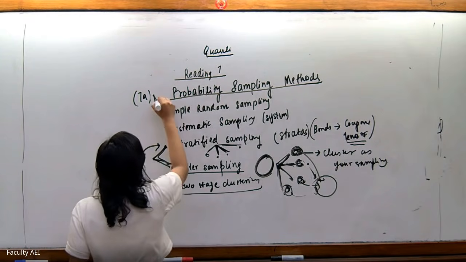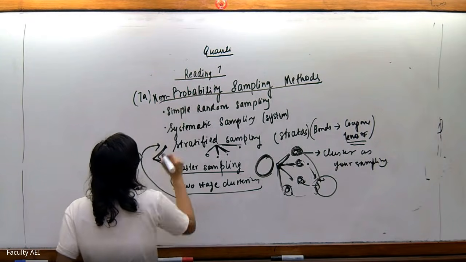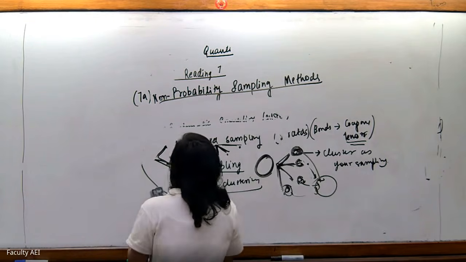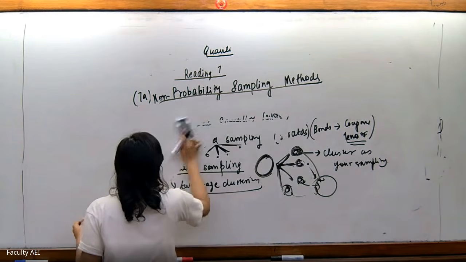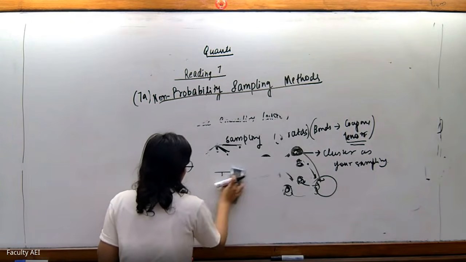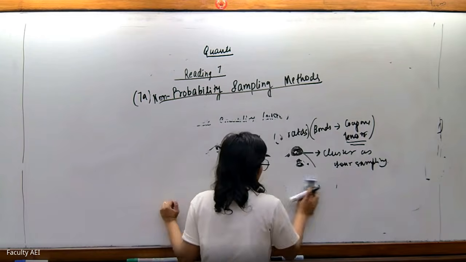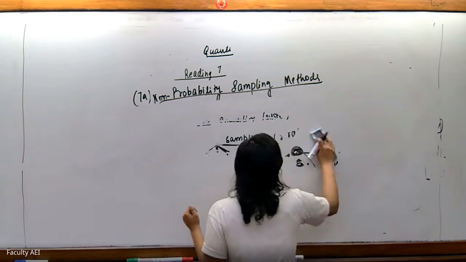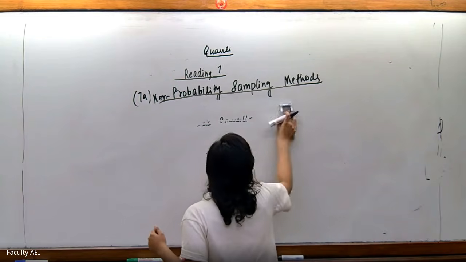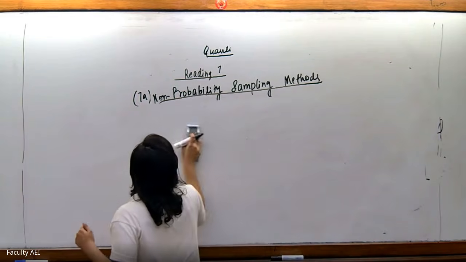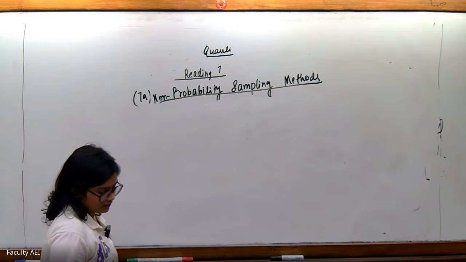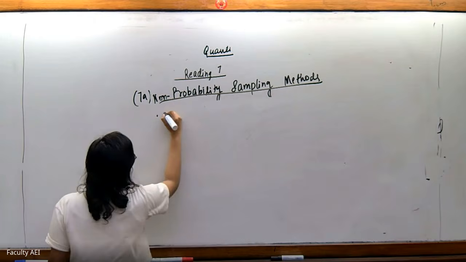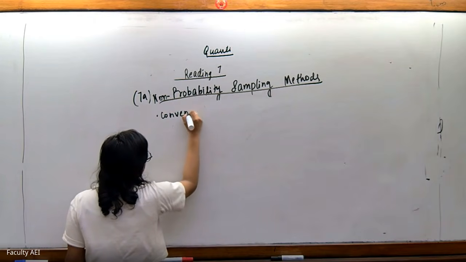Coming to non-probability sampling methods. First is convenience sampling.